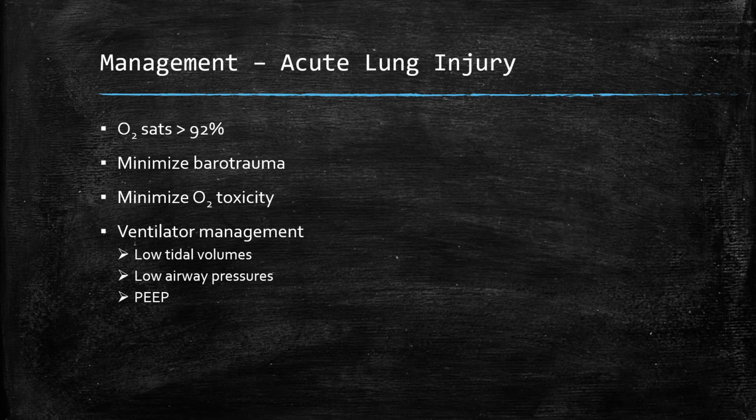We minimize oxygen toxicity by making liberal use of PEEP. PEEP keeps the alveoli open and small airways open, and this improves oxygenation. Overall, this allows us to use a lower concentration of oxygen.